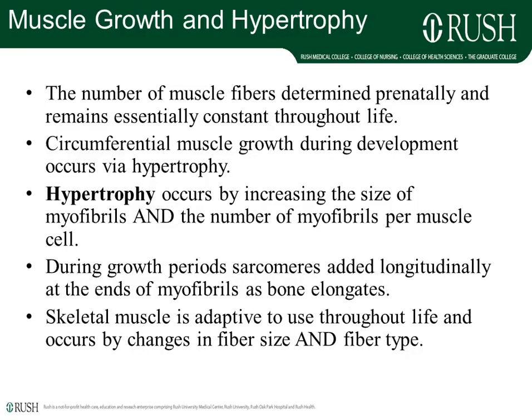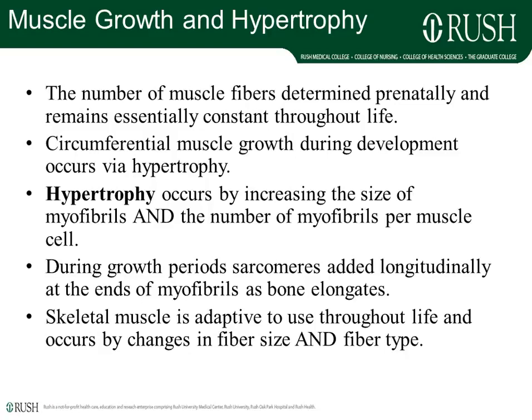So the number of muscle fibers is determined prenatally and basically remains constant throughout life. The muscle can grow in two ways. As you are growing as a child, you add sarcomeres onto the end of myofibrils so that the muscle can increase in length as the person grows.